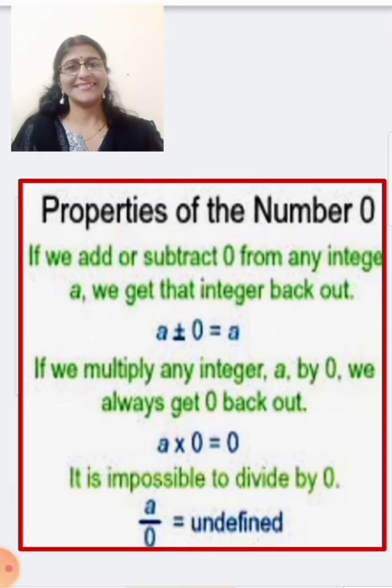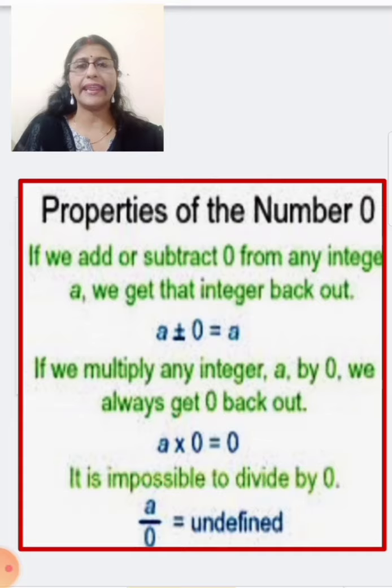Next property: property of the number 0. If we add or subtract 0 from any integer a, we get that integer back. That means if you add 0 to any integer a, you will get a, the same integer.